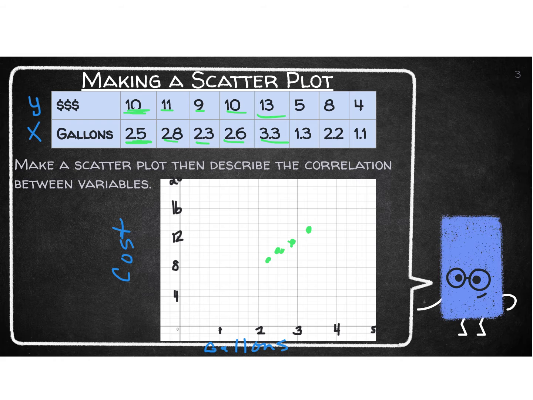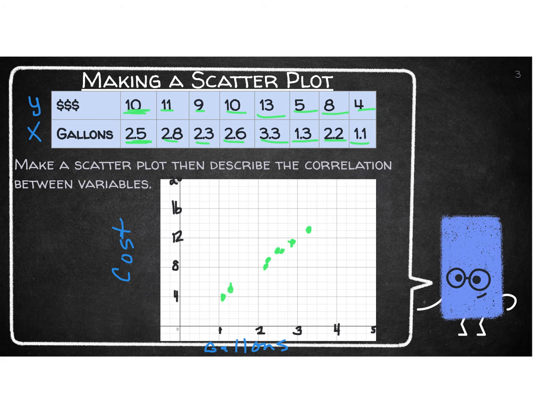I mean, these don't have to be exact, it just has to be kind of in the right area. Then 1.3 up to 5. And then we have 2.2 going up to 8. And 1.1 going up to 4.